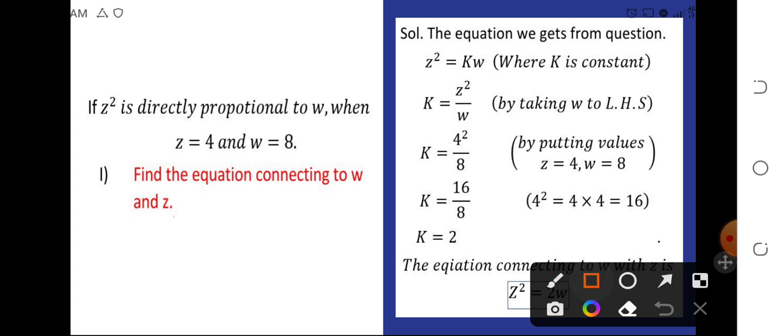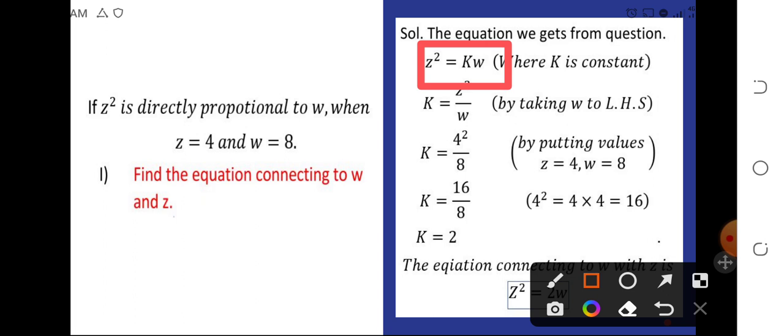The equation will be Z square is equal to KW, where K is a constant. To find this equation, we must first find the value of K. Then we will be able to write down the equation connecting W with Z.